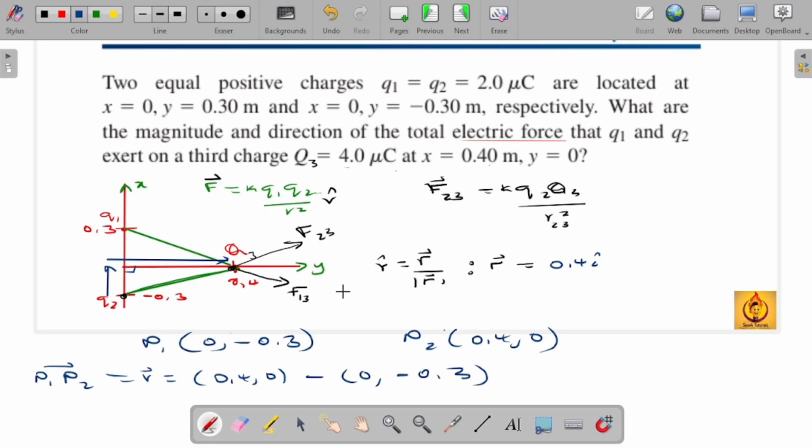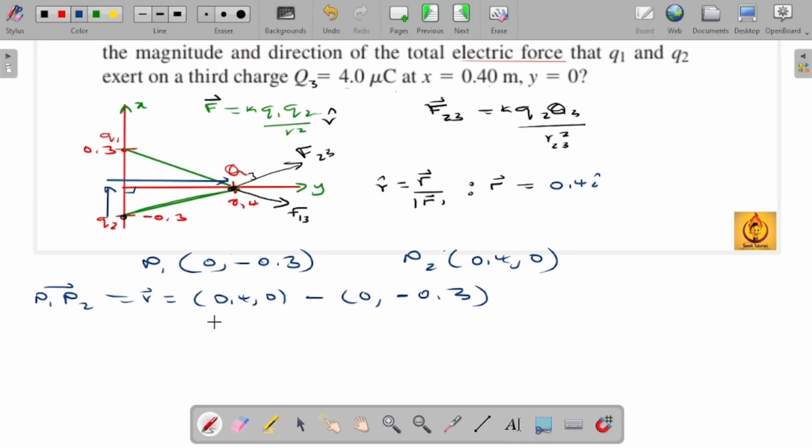So if we subtract here, you'll say 0.4 minus 0, you get 0.4 i hat. 0 minus negative 0.3, you get positive 0.3 j hat. So as you can see, your vector has to be positive.